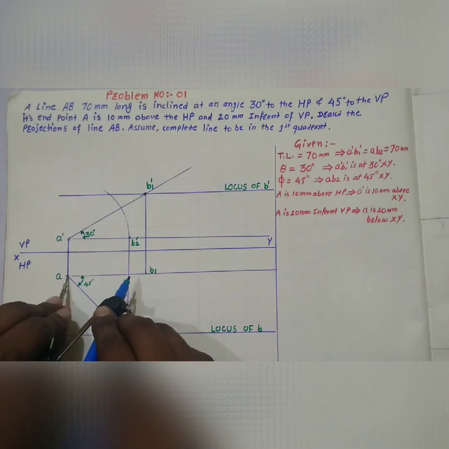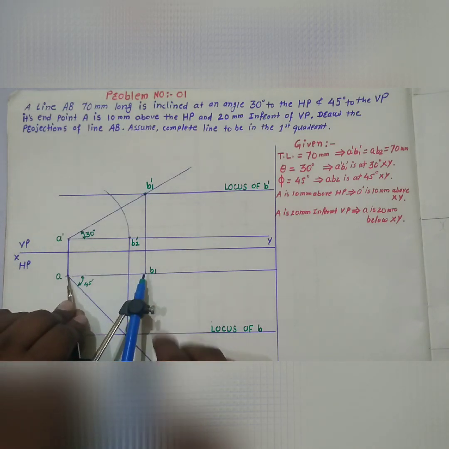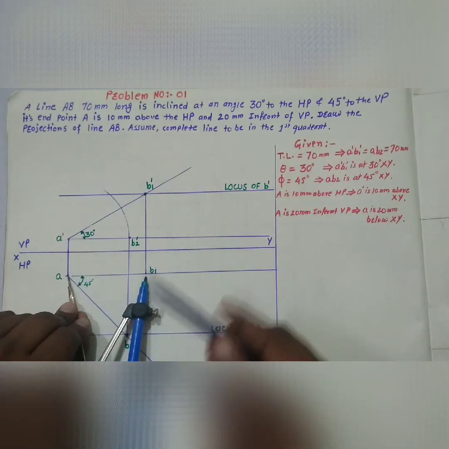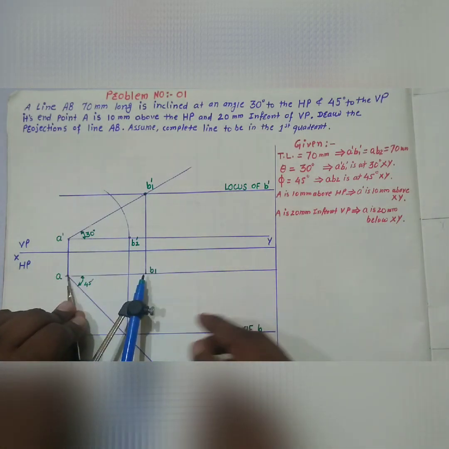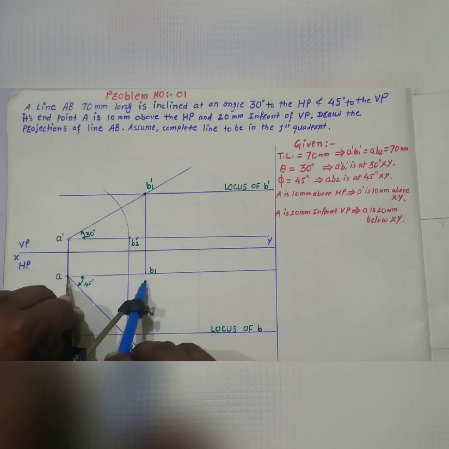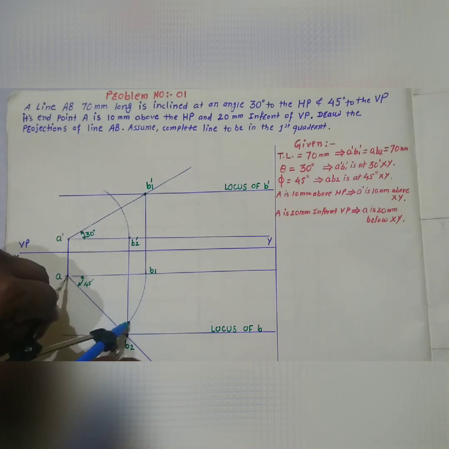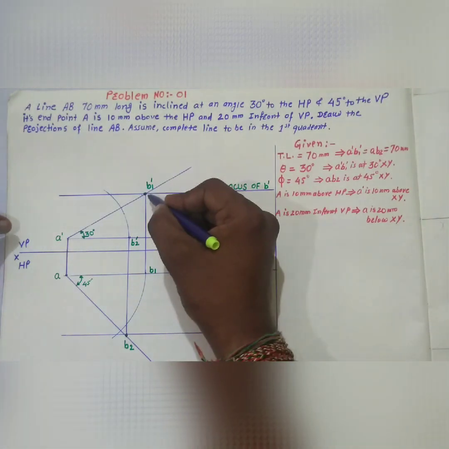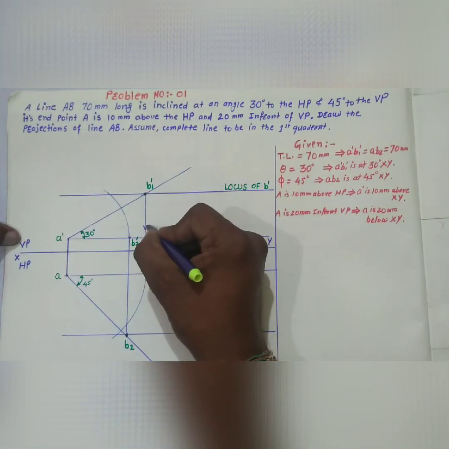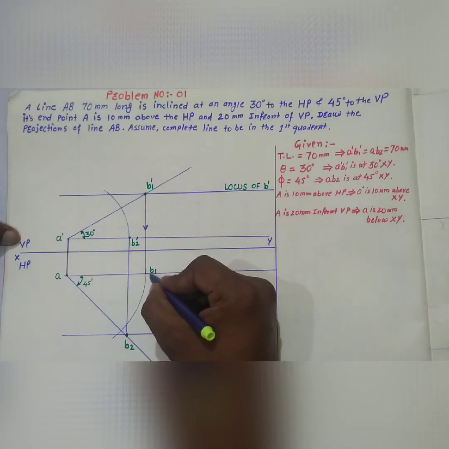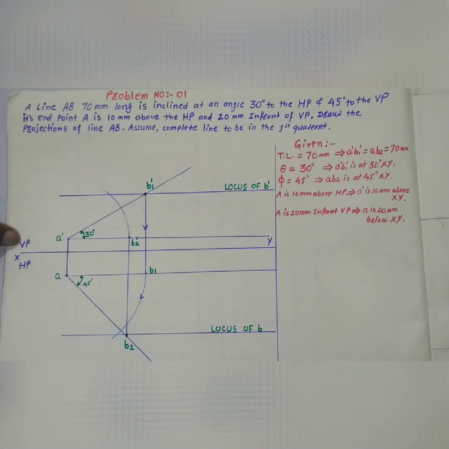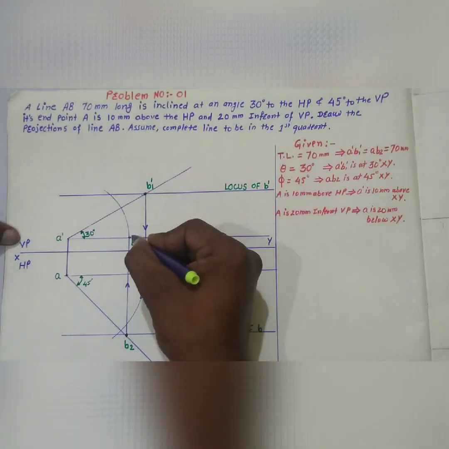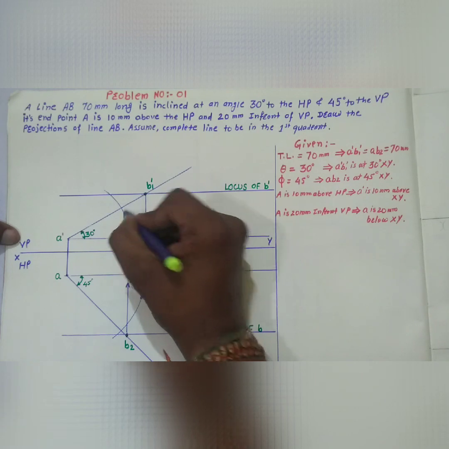Similarly, draw another arc by taking the radius A B1 with center A. From point B1 dash we move in this direction, and from B2 to B2 dash we draw this arc.